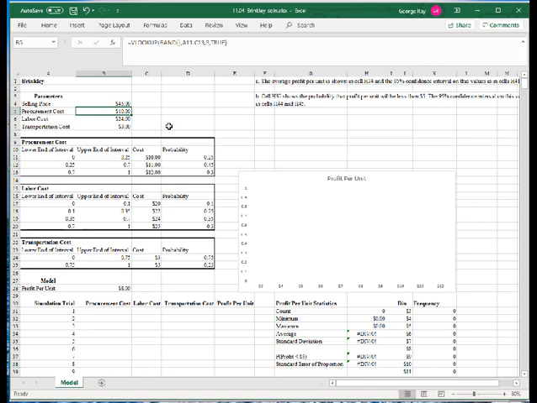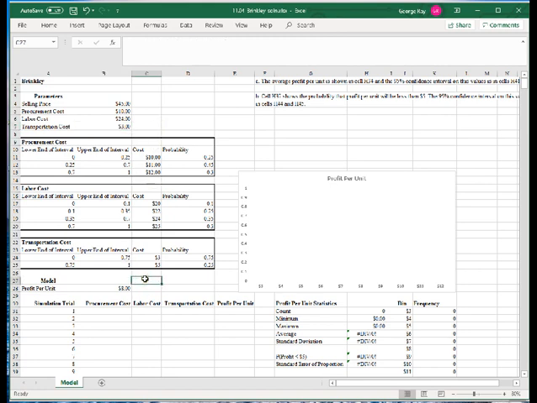That will then be searched in our table. When it finds an approximate match, because we set approximate match equal to TRUE, it will return the value in column 3. Of course our table is 3 columns, A, B, and C, so it'll return the cost. Likewise for the labor and transportation random variables.